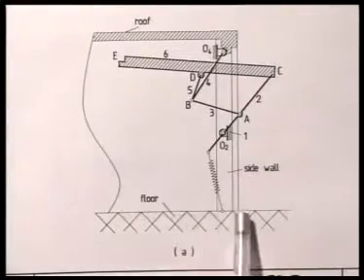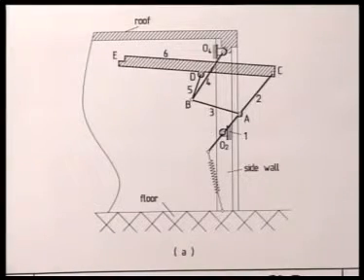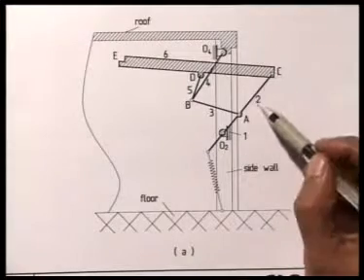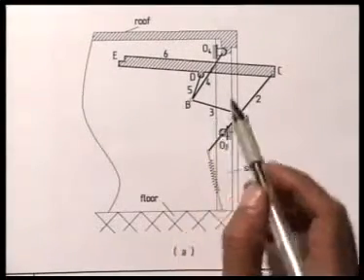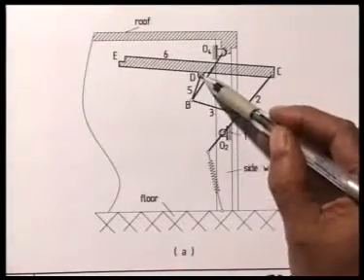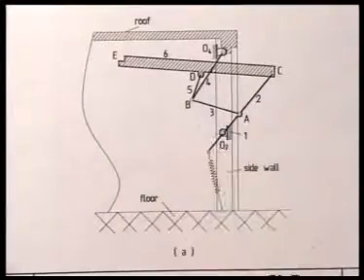This is the floor of the garage and this is the roof. So this is fixed link 1, O2AC is link number 2, AB is link number 3, O4B is link number 4, and BD is link number 5, and the door board EC is link number 6.